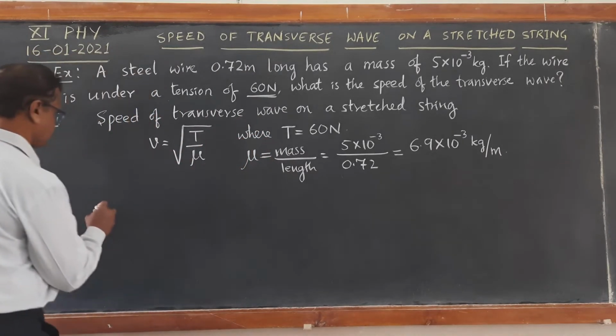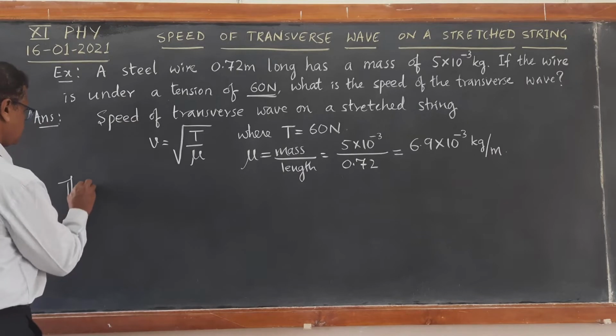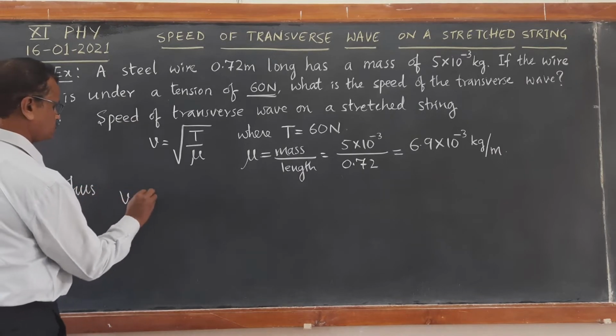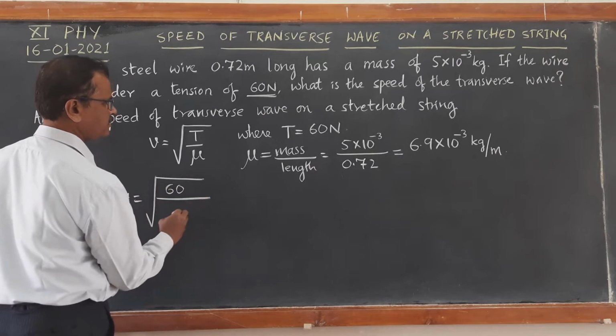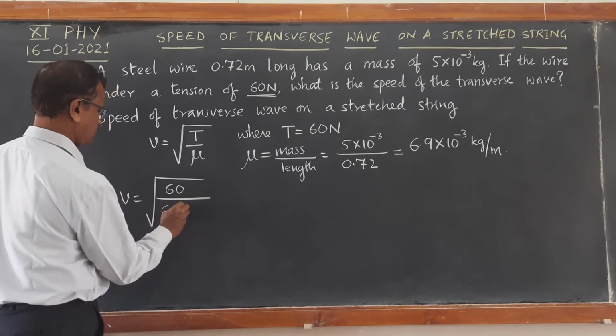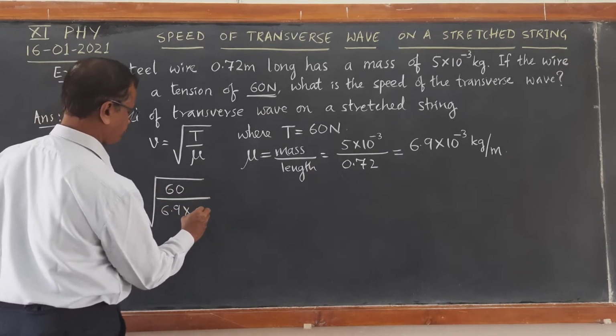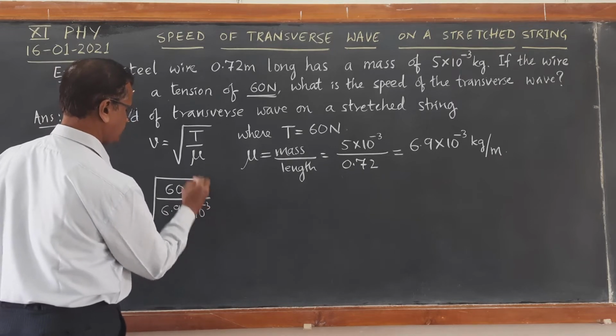Directly substitute the values. Thus V equal to square root of 60 divided by 6.9 into 10 to the power of minus 3.